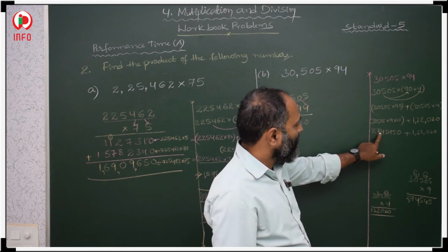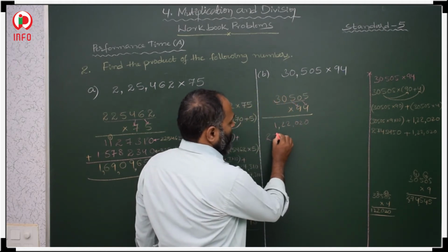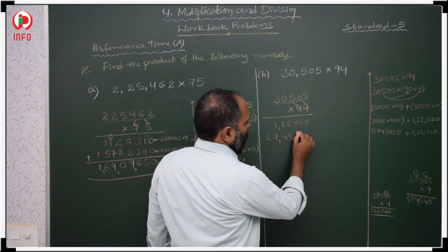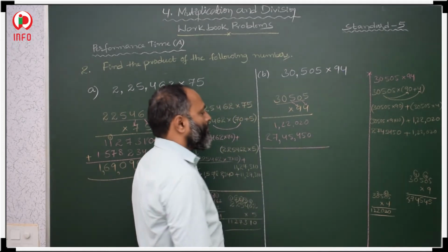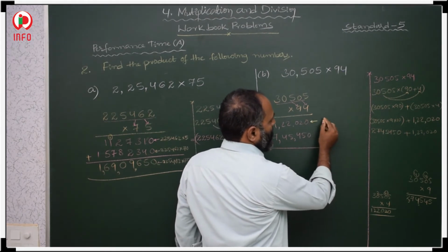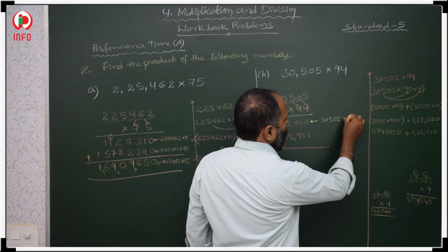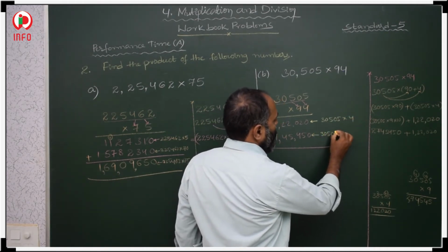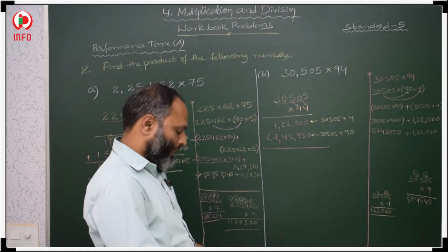So what is our answer? 27,45,450. Then it is the product of 30,505 into 4, and this is the product of 30,505 into 90. Now add these two.